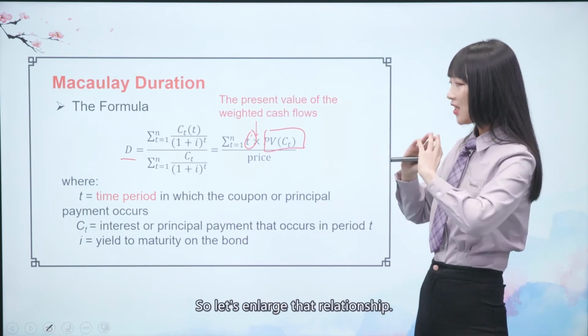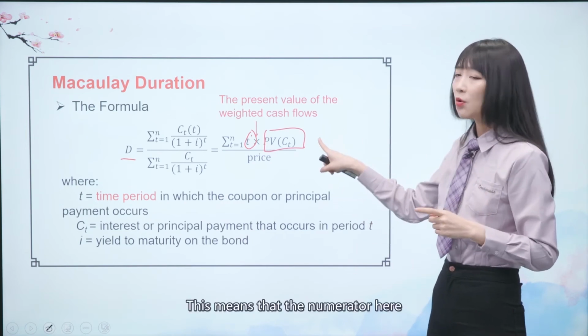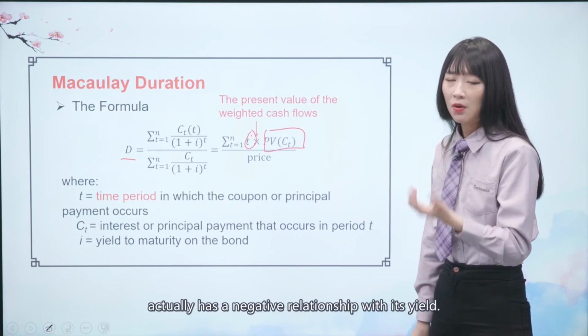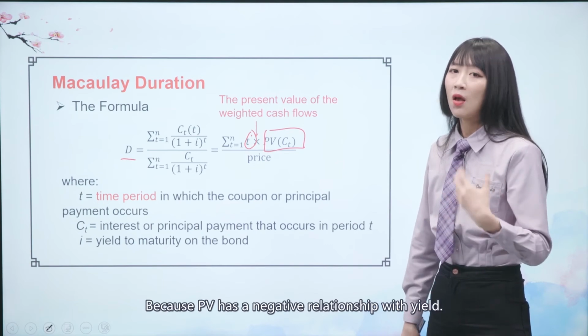So let's enlarge that relationship. This means that the numerator here actually has a negative relationship with its yield, because PV has a negative relationship with yield.